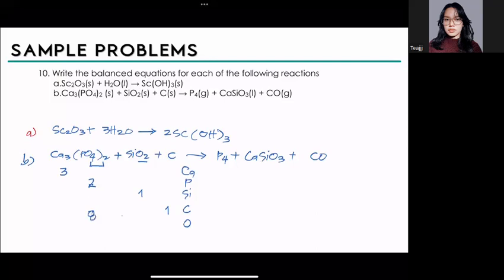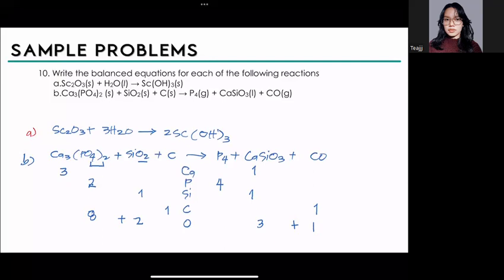So that's 8 plus 2 oxygen. On the right side, you have 4 na phosphorus, isang calcium, isang silicon, tapos isang carbon, and then you have 3 plus 1 oxygen.